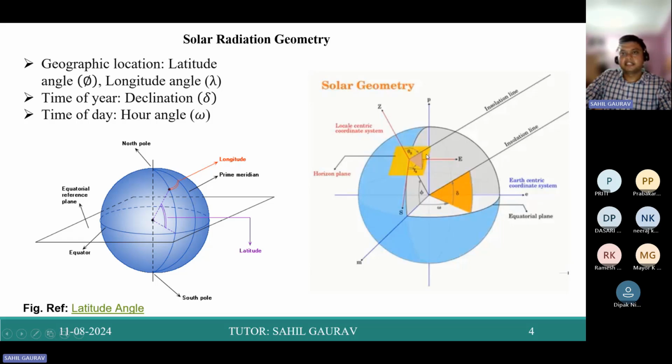The zenith angle theta z is made by the solar insolation line with the zenith line, and the azimuth angle gamma s is made with respect to south of this plane by the insolation line that is inclined to the horizon plane. And on the left hand side, you can get an idea of the latitude angle and longitude angle.